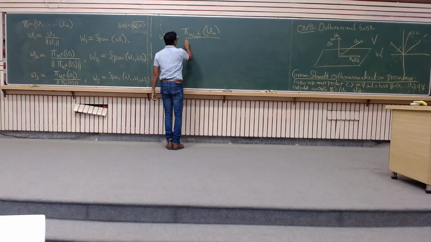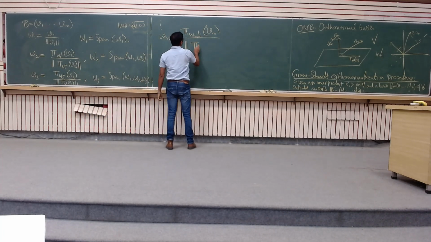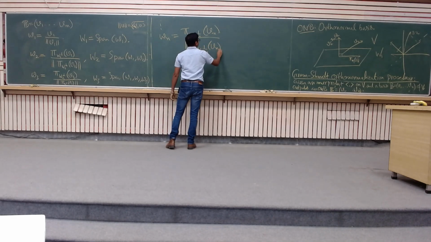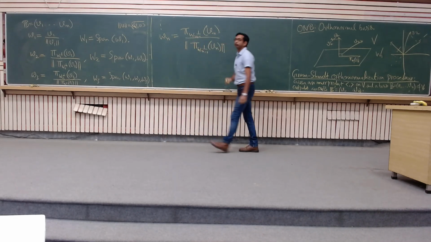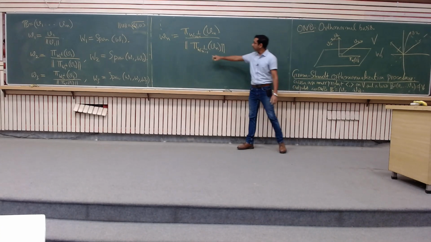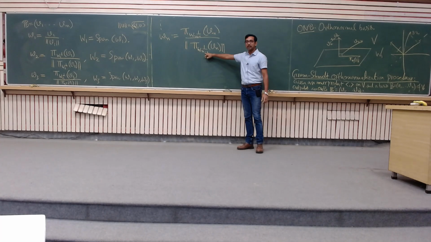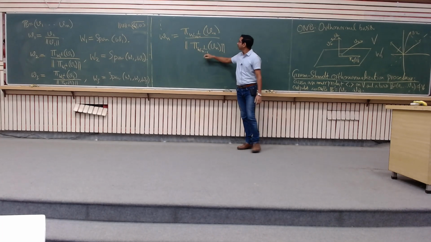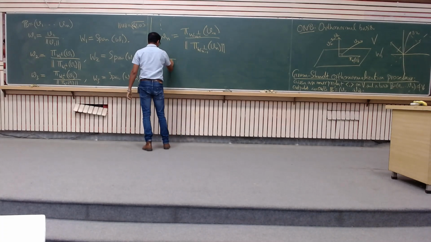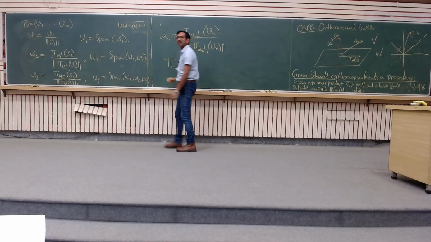And here you will have pi Wn minus 1 perp Vn. Wn minus 1 perp. Yes, but actually at first Wn perp, yes.